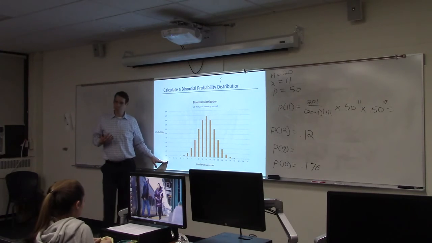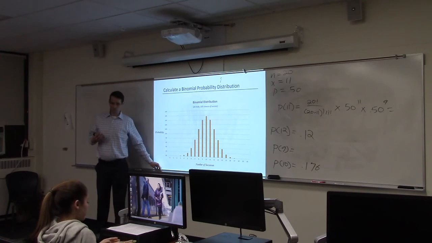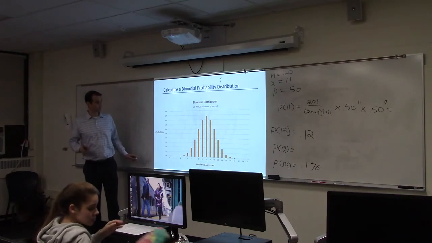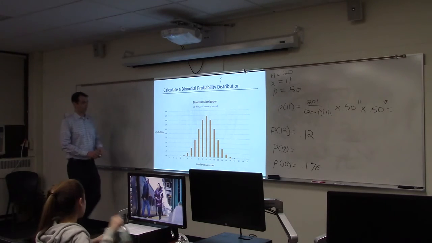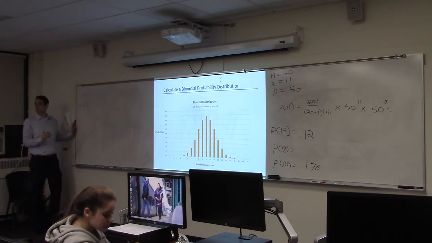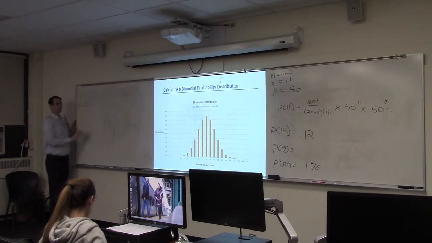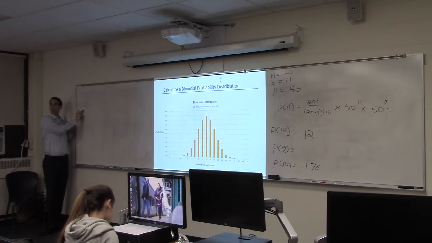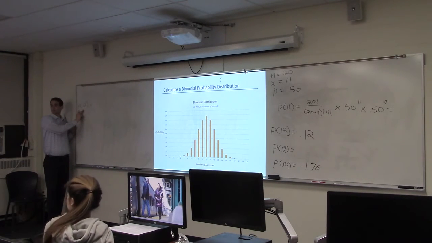Can you just do the first part of the probability of 12? Can you write out the whole formula for 12? All right, so the probability of 12 successes. First, we need how many combinations of 12 out of 20 coin flips there could be.